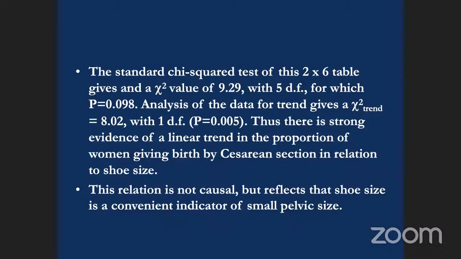The standard chi-square test for this is 2 multiplied by 6, which gives a value of 9.29, for which the p-value will be 0.098, with the analysis of the data for trend giving 8.02. Therefore, there is strong evidence in this case of a linear trend in the proportion of the women. This relationship is not causal, but reflects that foot size is a conventional indicator of small pelvic size.